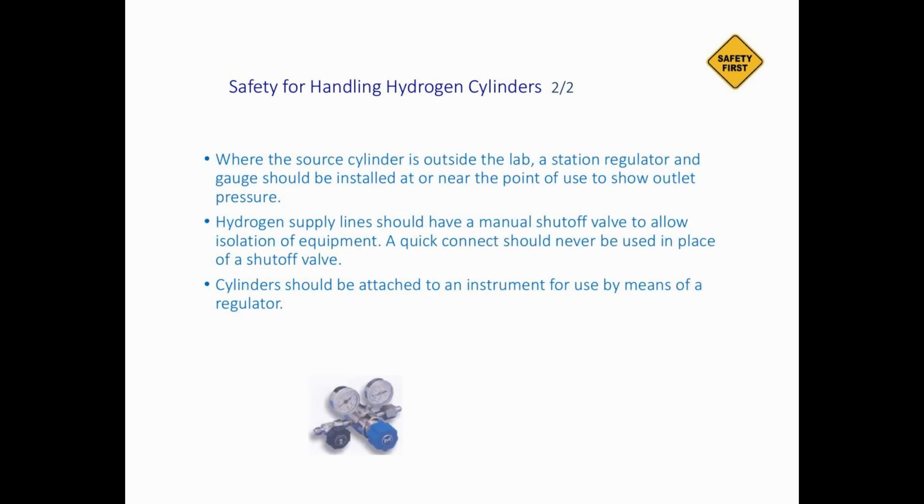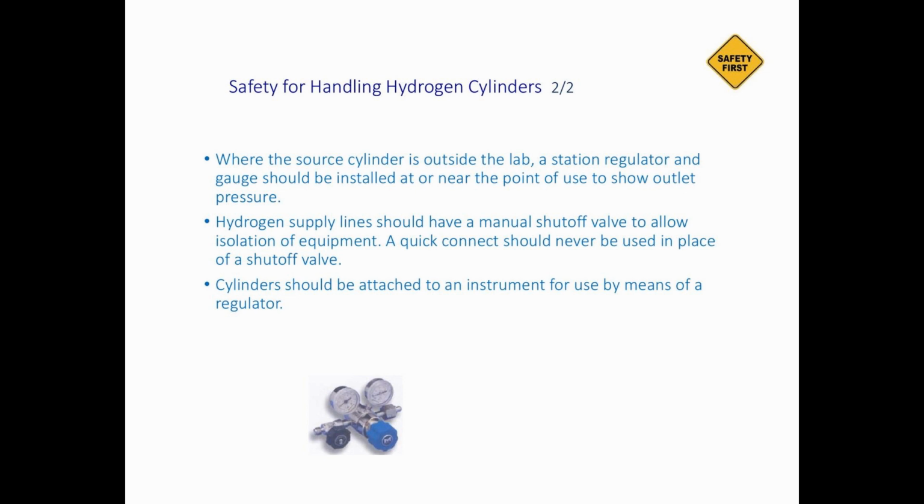Where the source cylinder is outside the lab, a station regulator and gauge should be installed at or near the point of use, showing the outlet pressure. Put the fuel gas hydrogen outside the laboratory, that's fine. Inside, before the instrument, you should have a regulator to monitor the pressure of the hydrogen. Hydrogen supply lines should have a manual shut-off valve to allow isolation of the equipment.